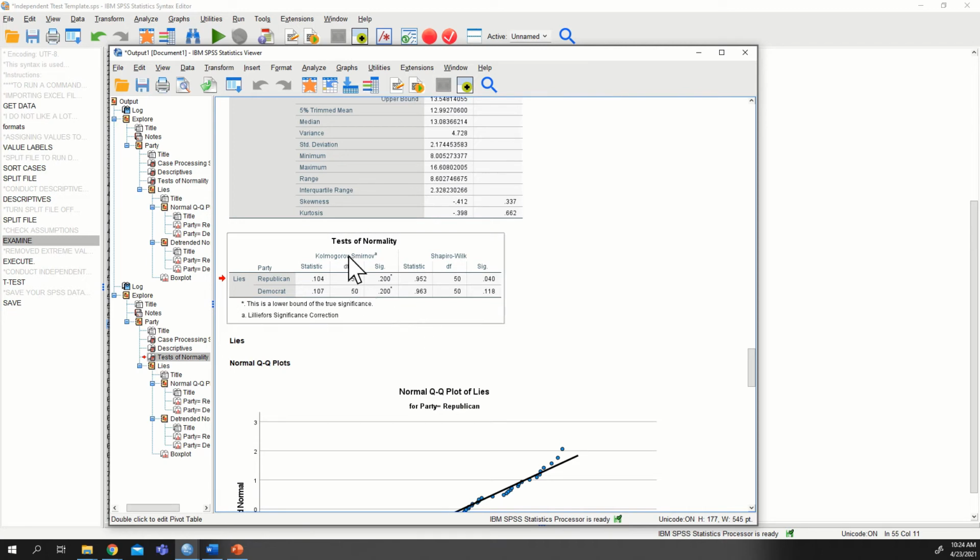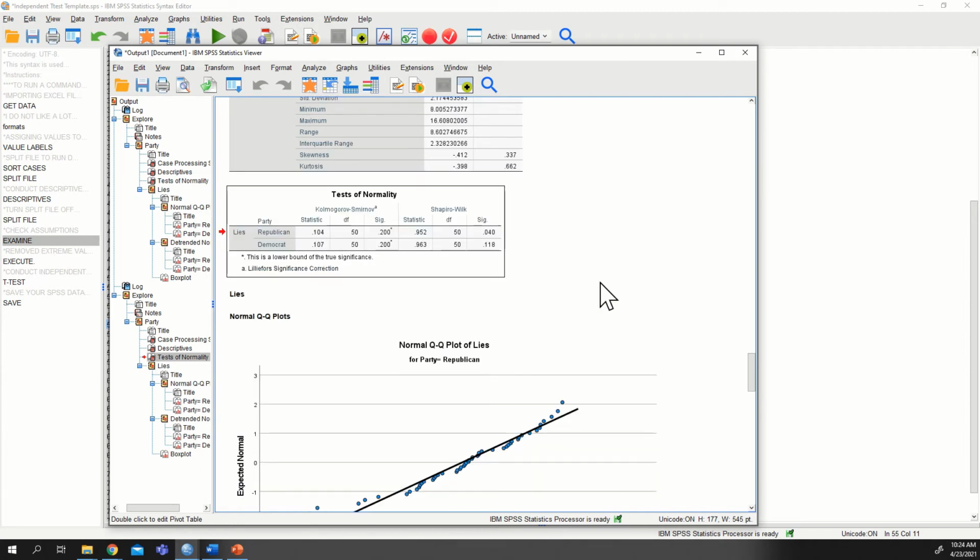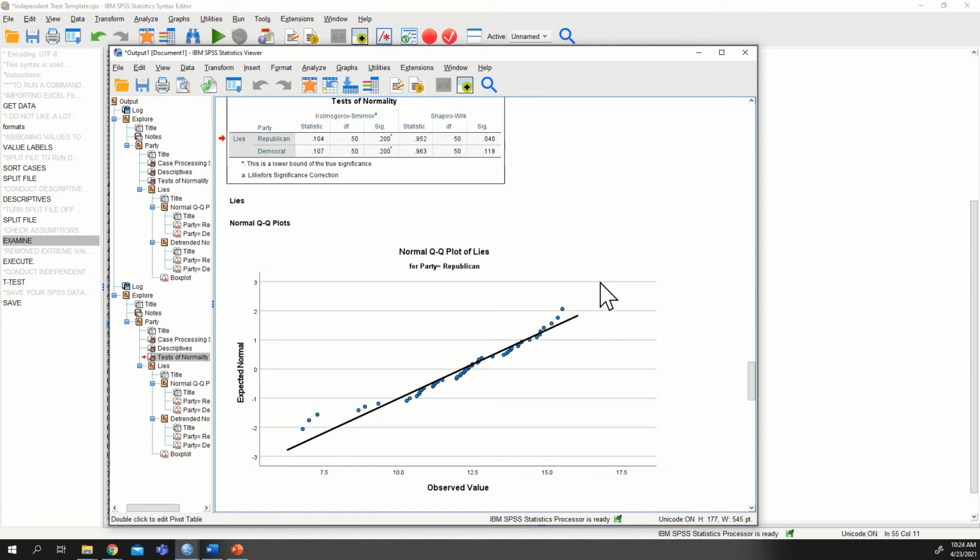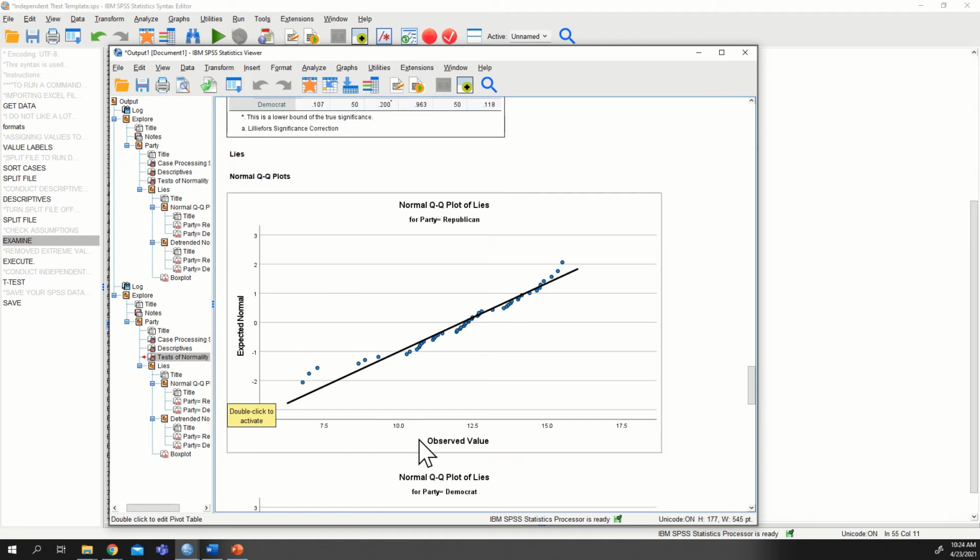So in addition to using this test of normality to determine whether your dependent variable is normally distributed, you can use your QQ plots. Your QQ plots basically plot what your values are against what a normal distribution value would look like. That's an easy way of saying that.